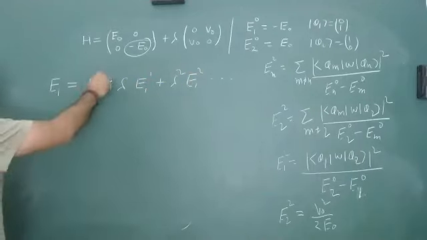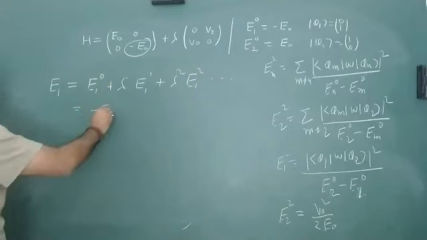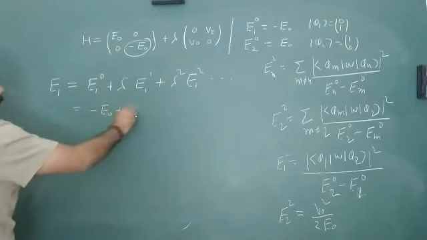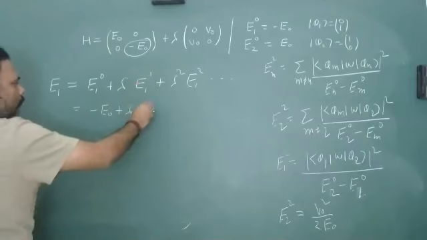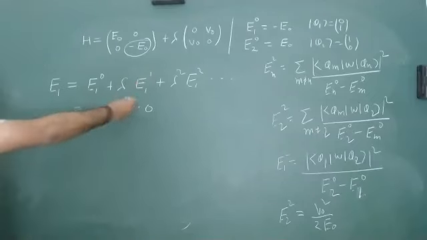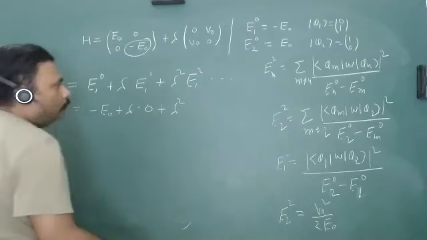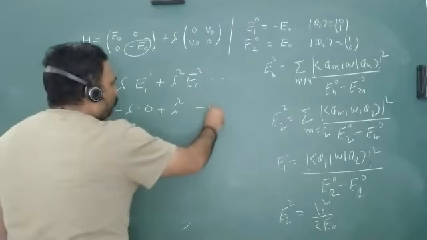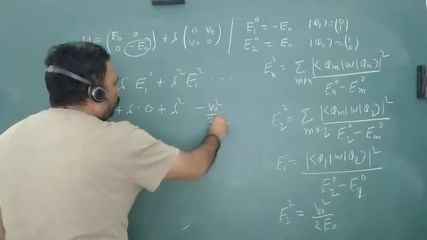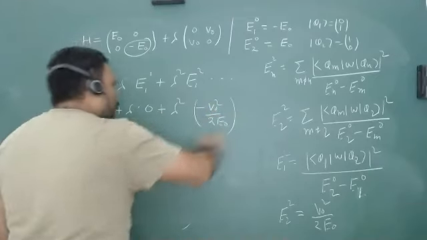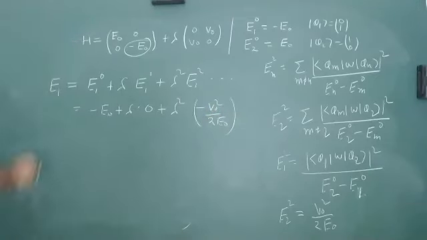So E10 is minus E naught, plus lambda E11 is 0. You can get some number also, but in this problem it is 0. And lambda square E12 is minus V naught square upon 2 E naught. That's it. This is your answer. This is your approximated value of the complete solution.